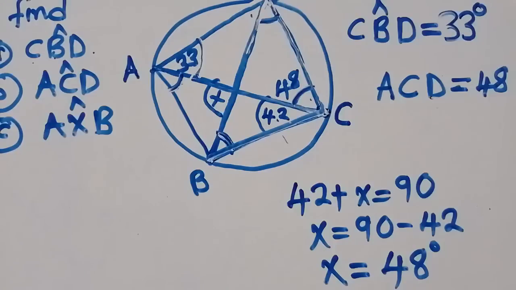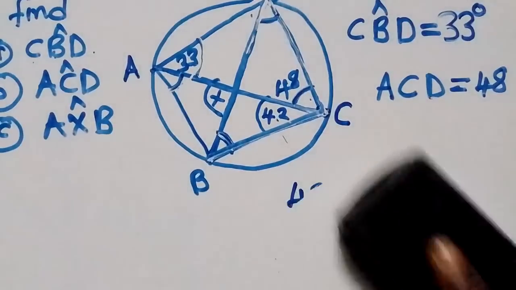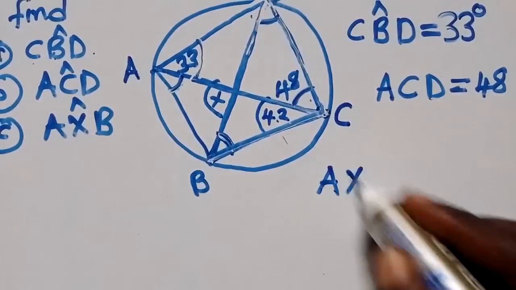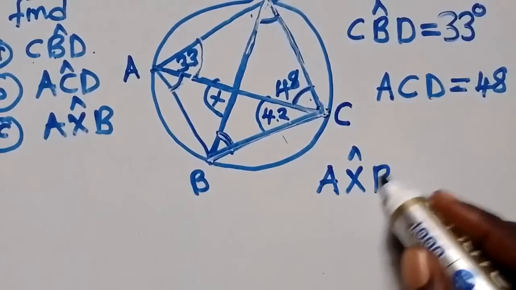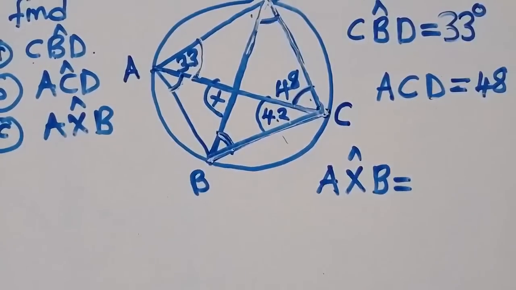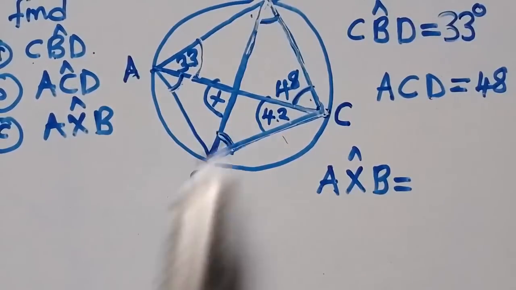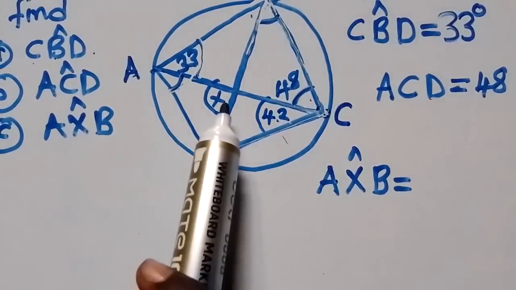So with that, now we go to the other question. A x b is equal to what? Here there is x.